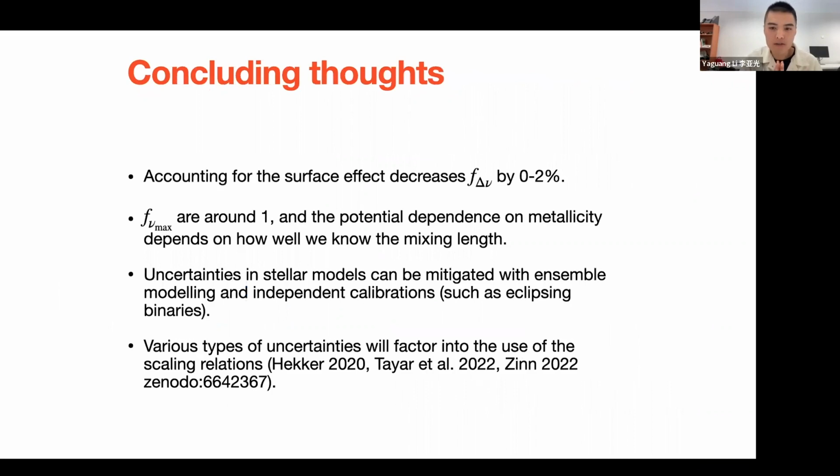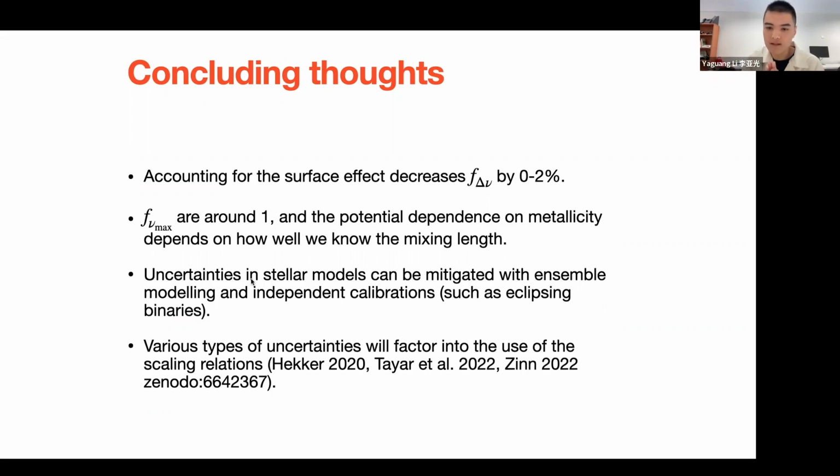So, some concluding thoughts. We need to account for the surface effect in the F Delta nu correction factor, and the F nu max is around 1. The potential dependency on metallicity really depends on how well we know the mixing length parameters. There are some uncertainties in stellar models, just like the mixing length.